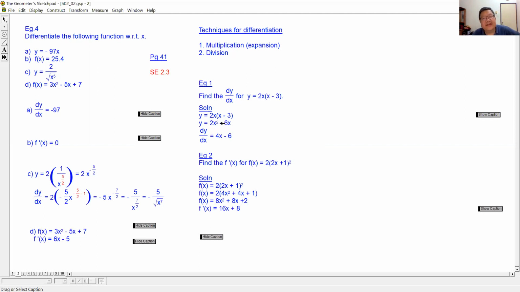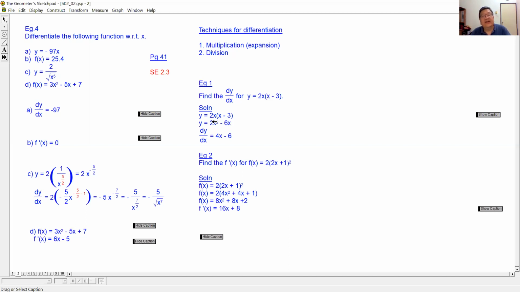Again, please take note that at this stage, y equals 2x squared minus 6x, I have not differentiated the function yet. So this function here is still known as y. It's not dy dx.